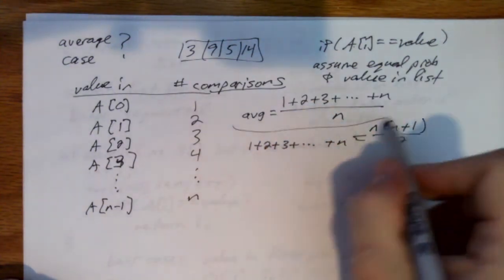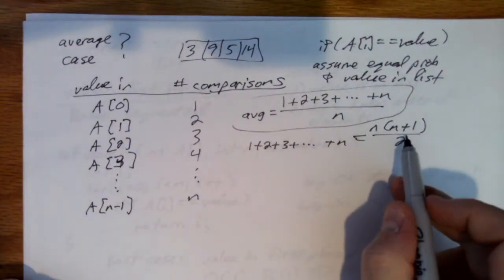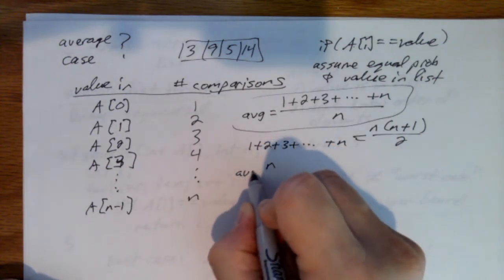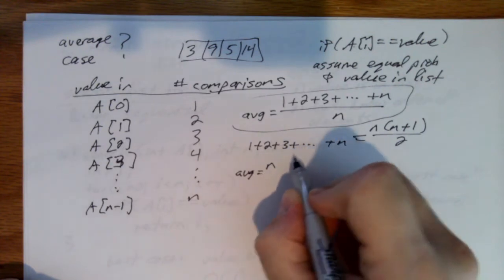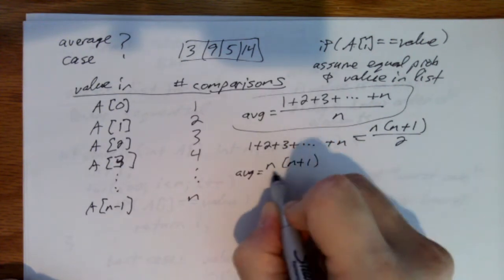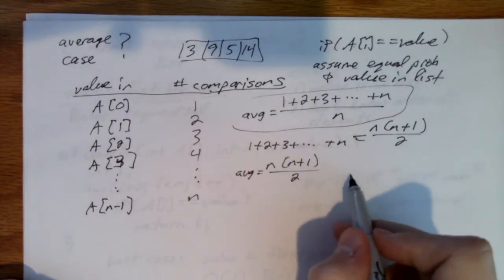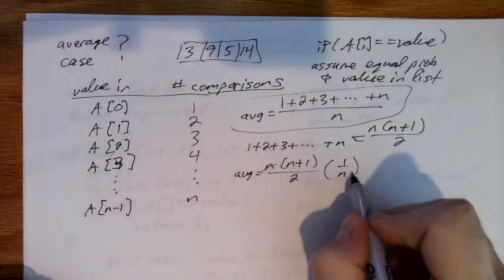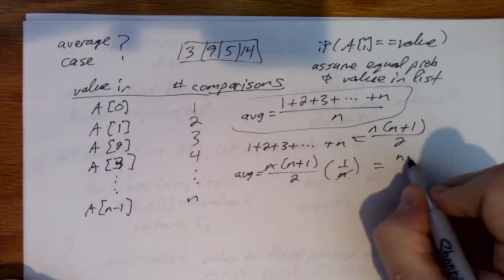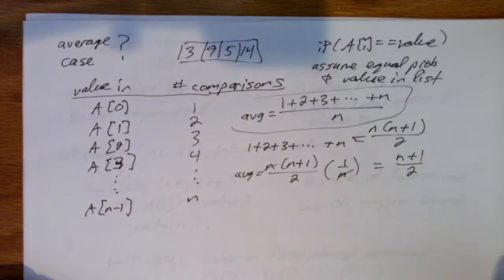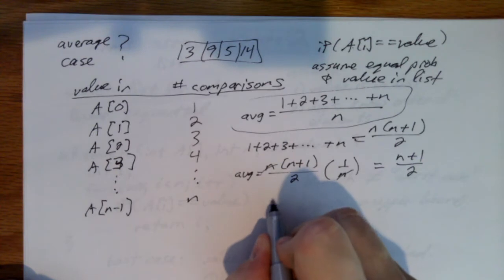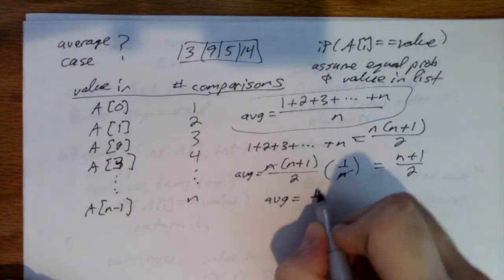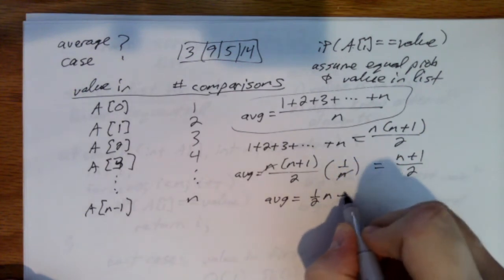So this right here then will be, take this right here and divide by n, which gives us average n times n plus 1 over 2 divided by n, which means multiplying by 1 over n. That cancels, that cancels. We have n plus 1 over 2, and this becomes average is equal to 1/2 of n plus 1/2.